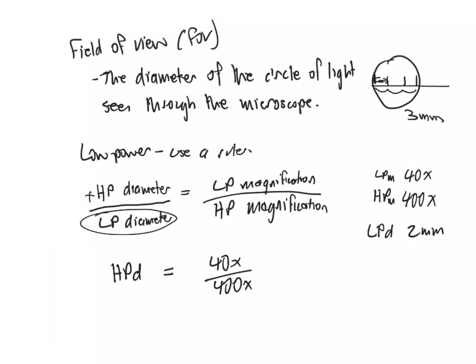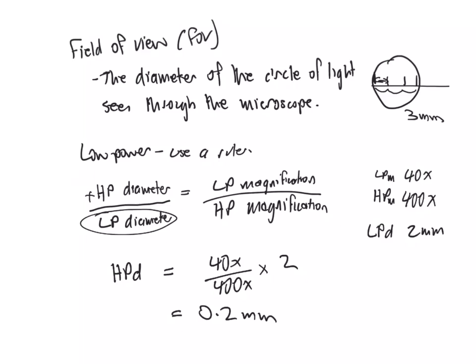So to get rid of the denominator here, we need to times both sides by low power diameter. So we're going to put our low power diameter over here, and our low power diameter was 2. So 40 divided by 400 times by 2 equals 0.2 millimeters.